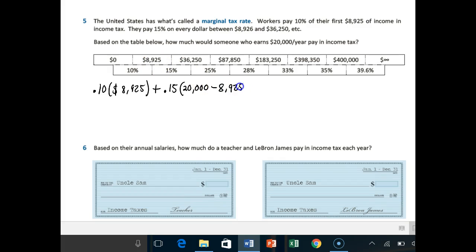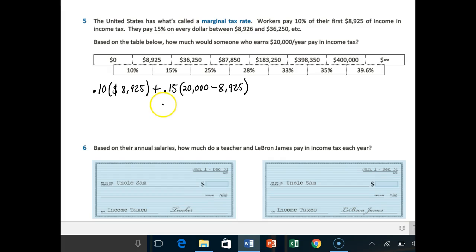It's kind of a little bit tricky to determine. So basically, they're saying for every dollar you make up to $8,925, you have to pay 10% on that. Now, every dollar after that, all the way up into this $36,000, or as much as you make, you have to pay 15%. So if I only make $20,000, I have to pay 15% tax on all the money in between $20,000 and that $8,925.